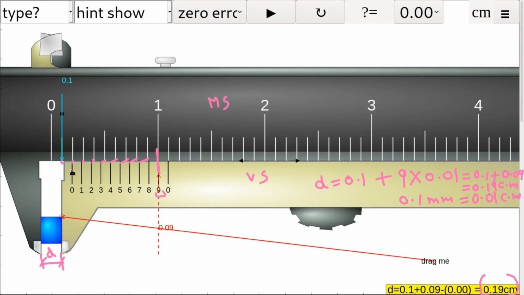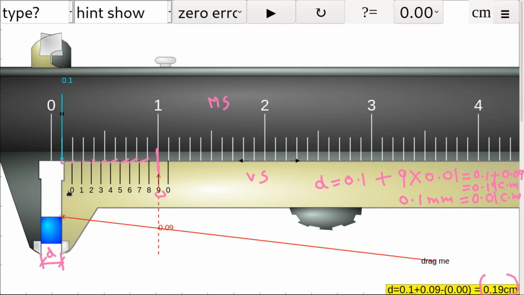If this 0 line is matched with this 0 line, then there is no dimension. If the first line is matched with the first line, then it is a 0.1 mm gap. If the second line is matched with the second line, then 0.1 plus 0.1 equals 0.2 mm. Similarly, here the 9th line of the vernier scale is matched with the main scale.